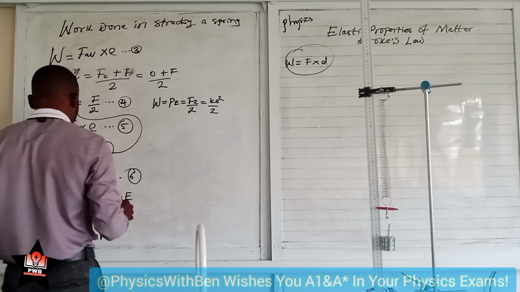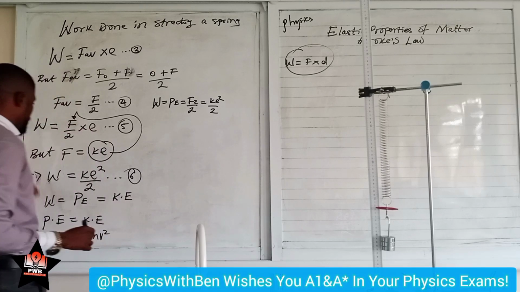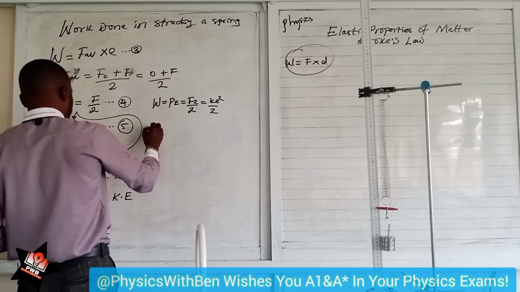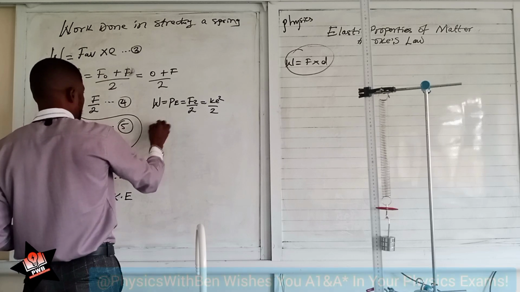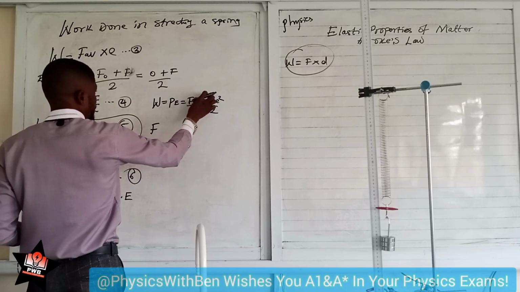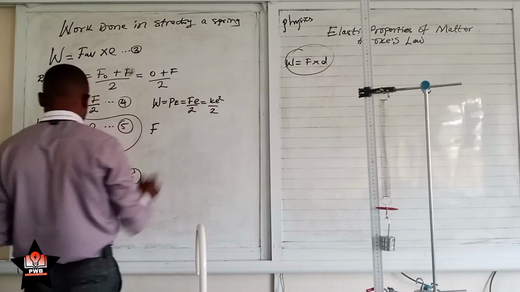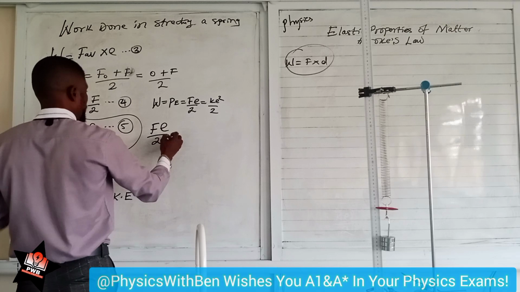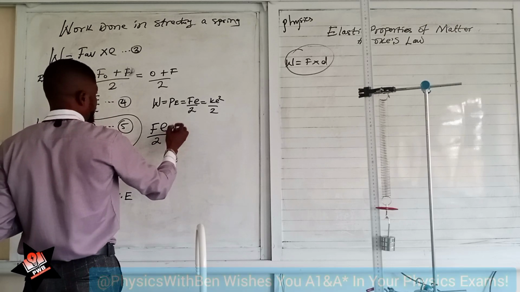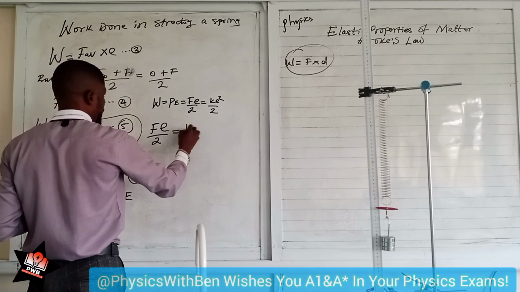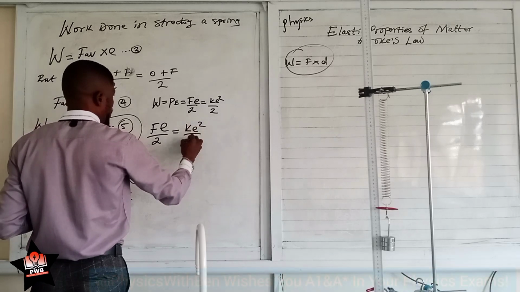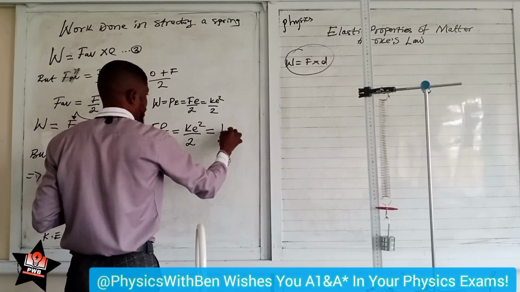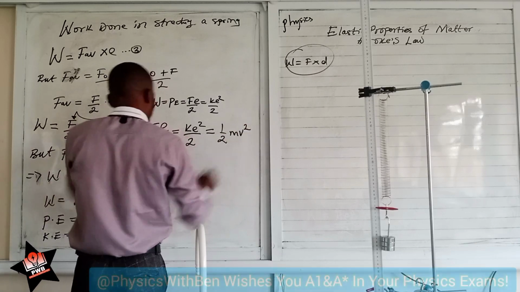So you are free to say that from the law of conservation of mechanical energy, we write that Fe all over 2 is equal to Ke squared all over 2, and is equal to half mv squared.